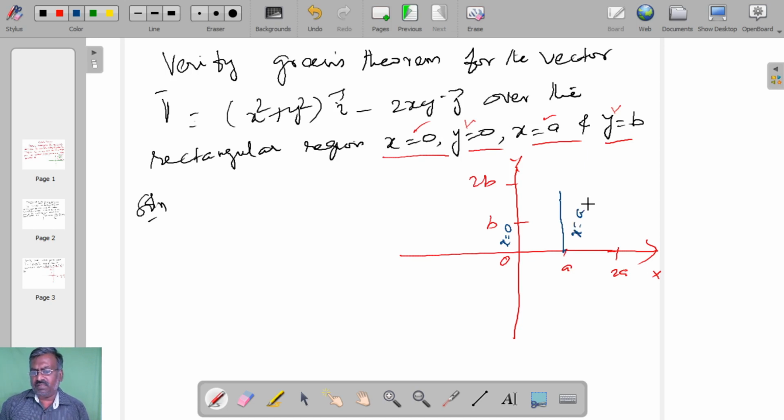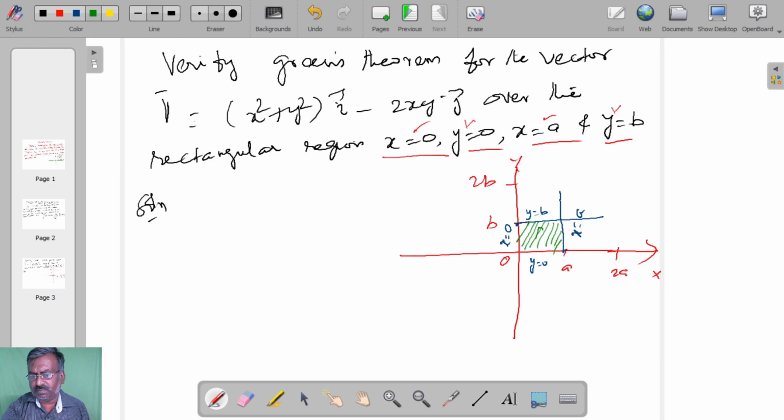Then y equal to 0 on the x axis, and next y equal to b. Keep b on the y axis and draw a line perpendicular to the y axis. So this line is y equal to b. Now we identify this region on which we are going to verify Green's theorem.